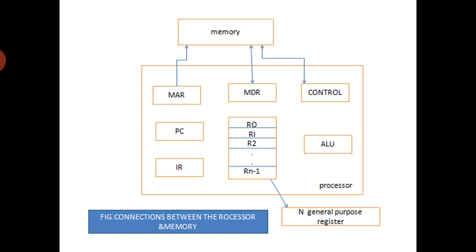These general purpose registers are also used to store data. So along with the controller and ALU, the processor will also have these registers. Now we will look into all these registers, what their operation is, and how the data is transferred between the memory and the processor.